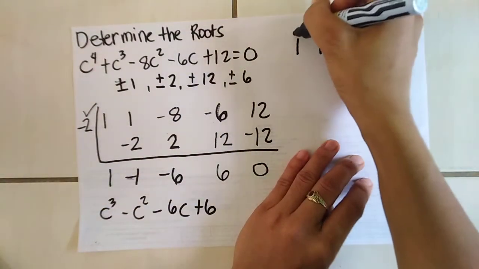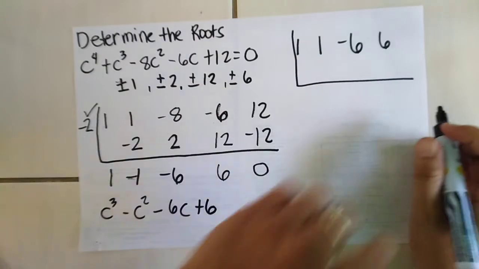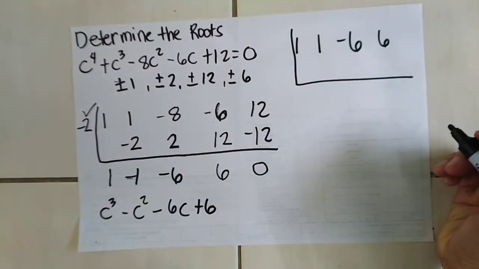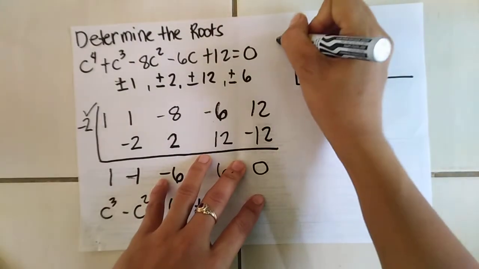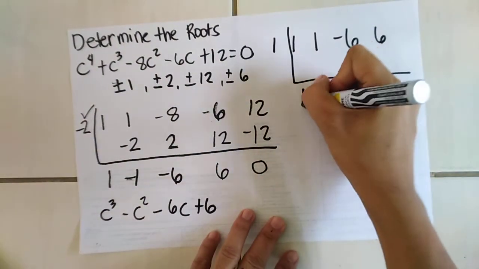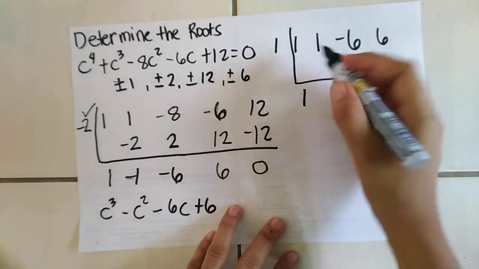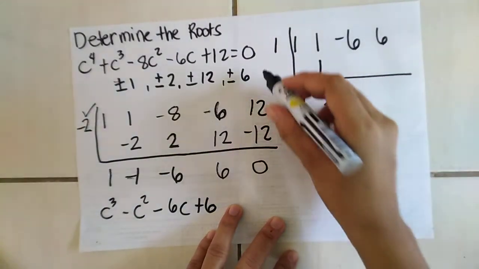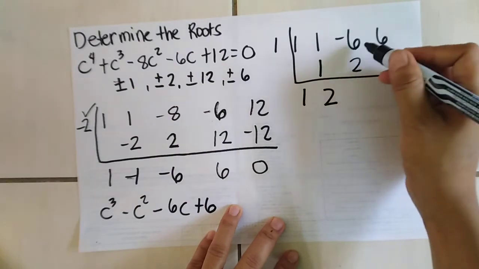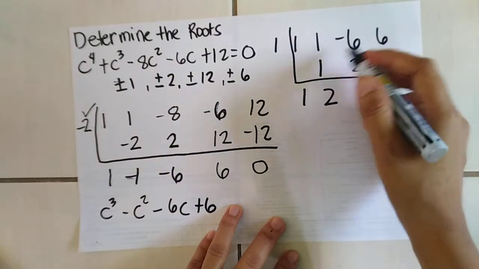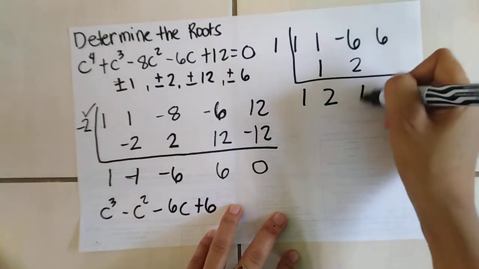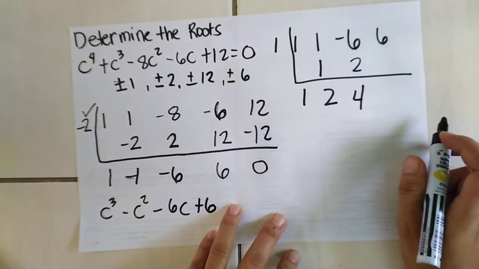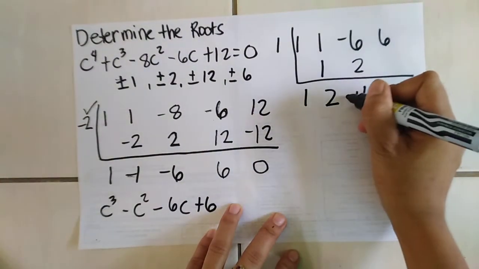Okay, so for the root we can use positive 1. Sige, let's use positive 1. So, bring down 1. 1 times 1 is 1. 1 plus 1 is 2. 2 times 1 is 2. Negative 6 plus 2 is negative 4.